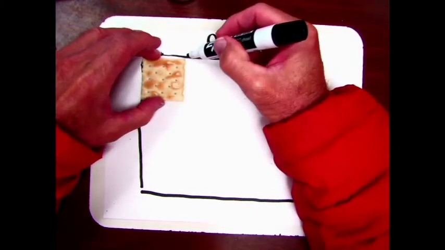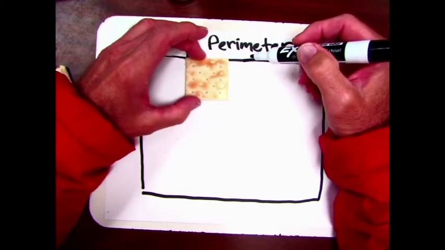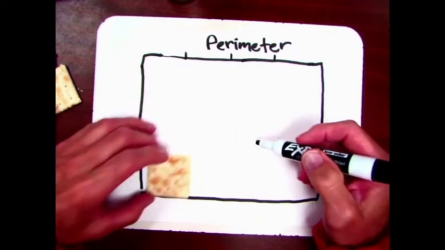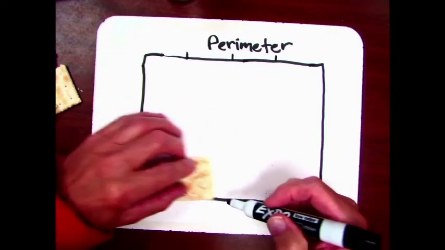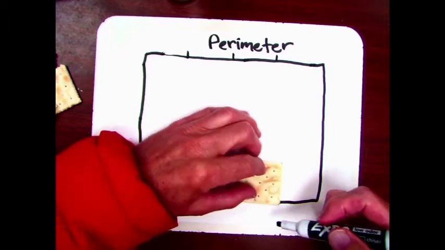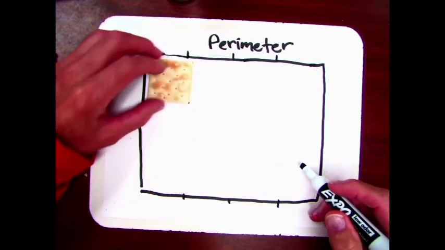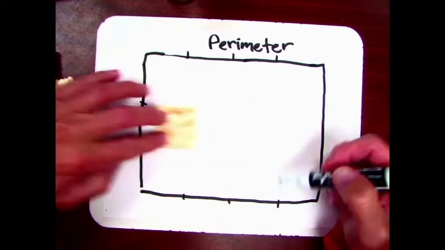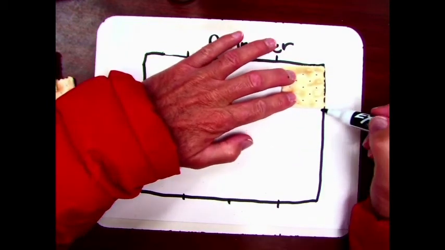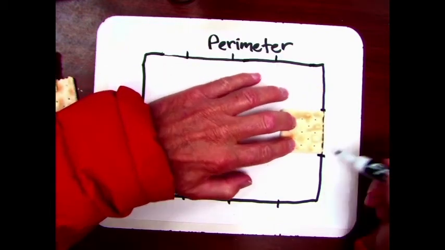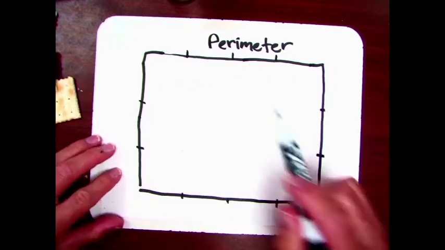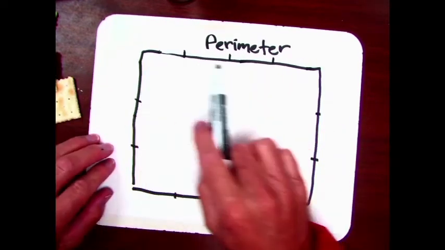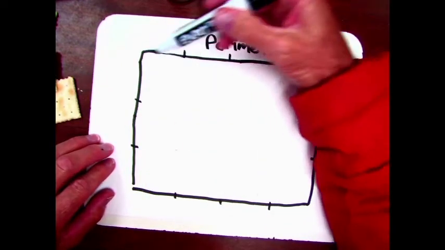Now I'm just going to take a cracker and give an idea of how my crackers lined up here in my rows and columns. You can do this at home with your crackers too. We aren't going to deal with the inside, we're just dealing with the outside.